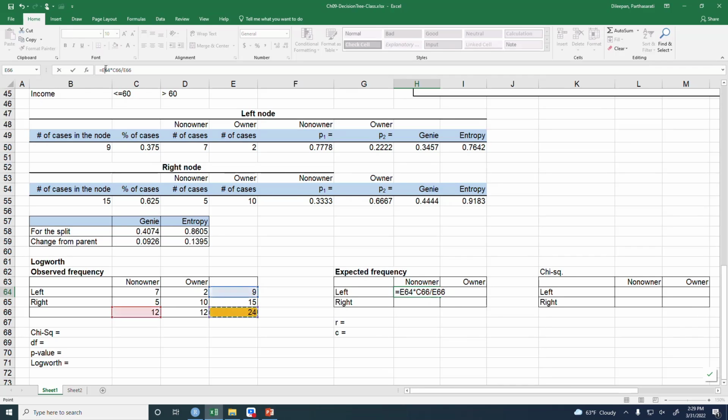So here, E64: as you copy across the row, the total must always come from column E. And when you copy down, the row should change from 64 to 65. So the $ sign goes in front of E. The opposite is true for C66.